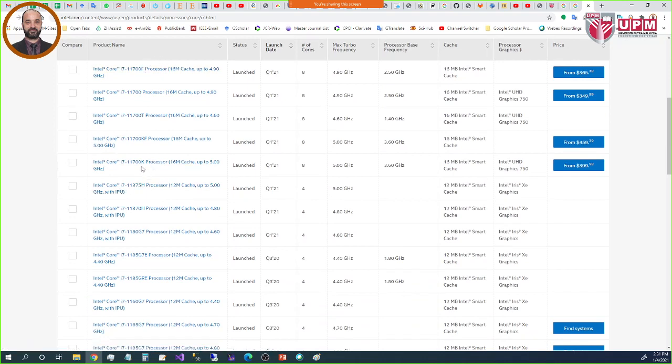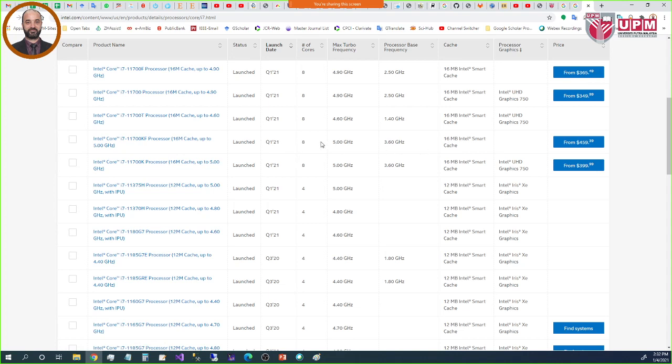This one is H or K. K also has 8 cores, and here the frequency is 5 gigahertz, and the processor base frequency is 3.6. That's why you can see the price is much more expensive than that.